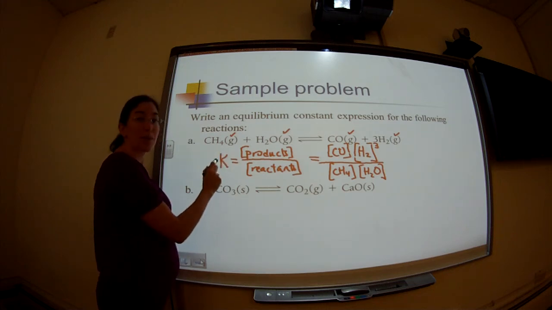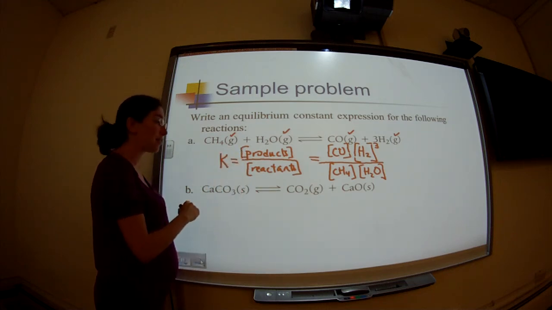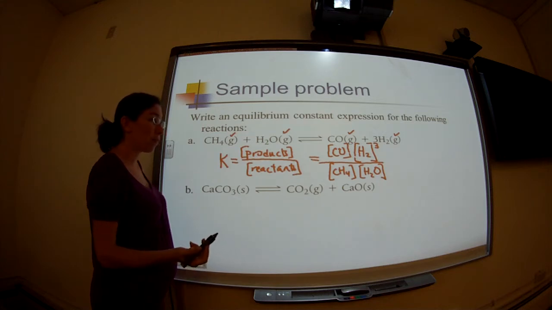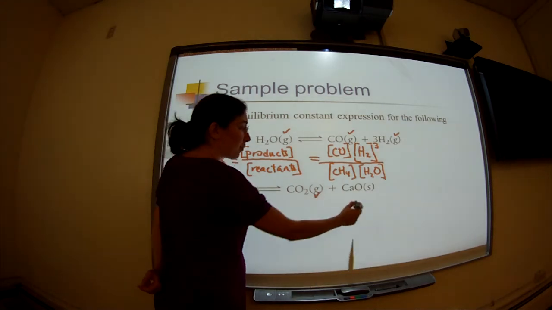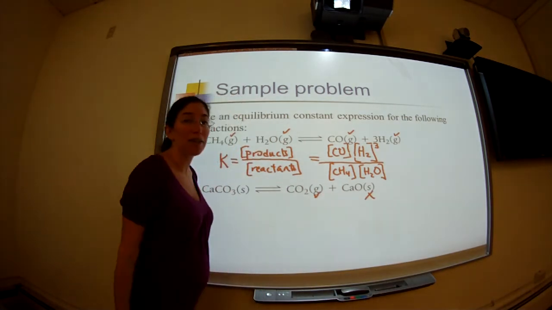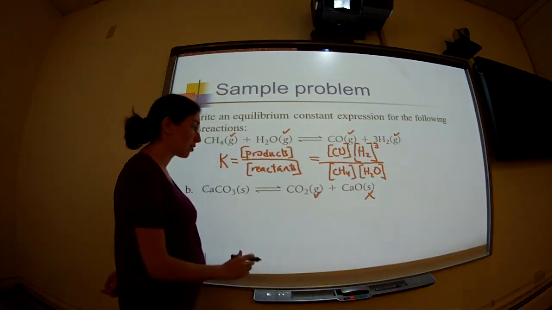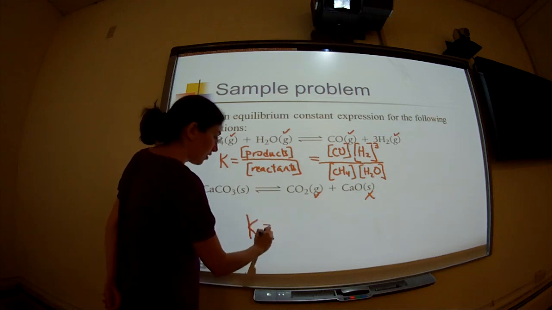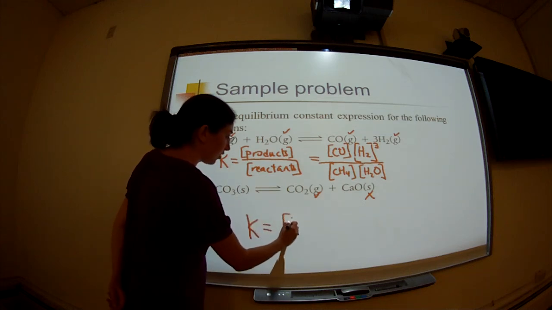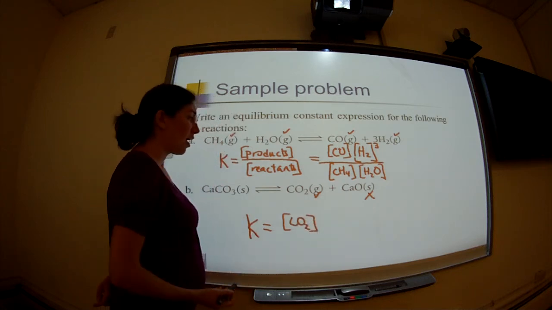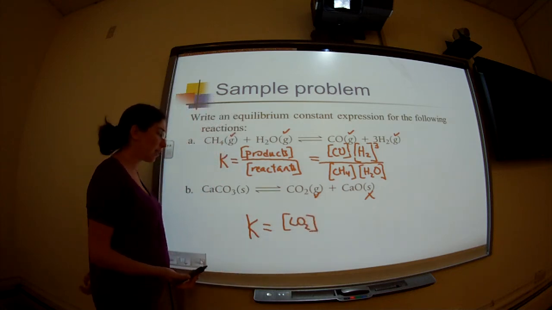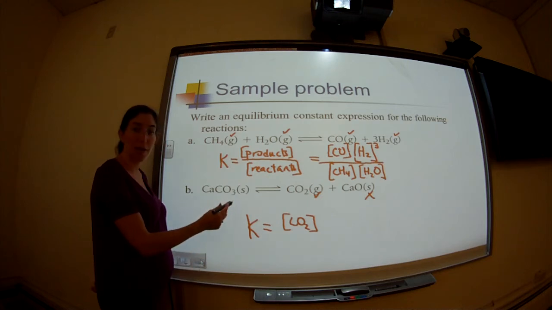Again, K equals products over reactants. So what are our products? These are the products on the right side. We have one gas and we have one solid. Solids do not go into the equilibrium expression. So K equals the concentration of CO2. And now for our reactants, do we have any reactants that we can put into the equation?